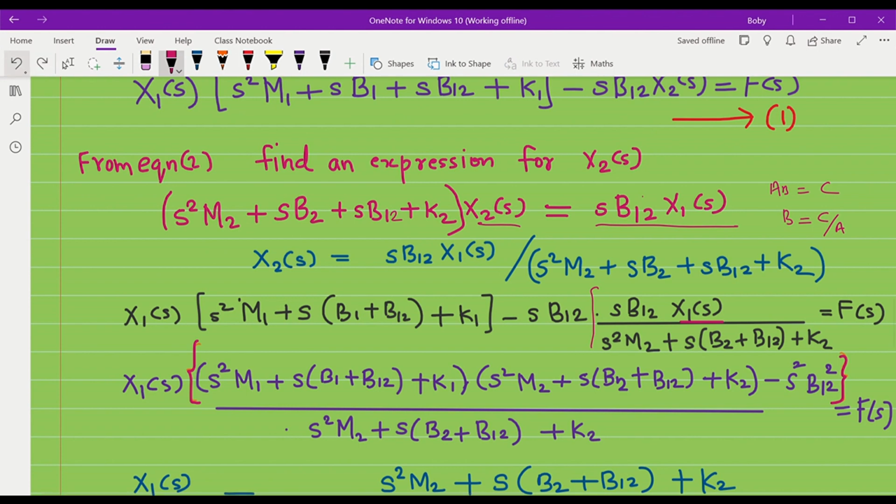In the denominator that is to be multiplied with.